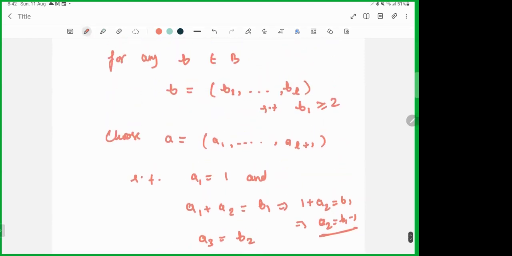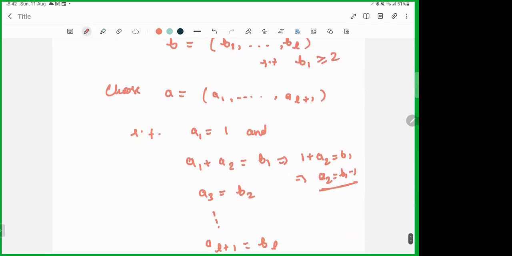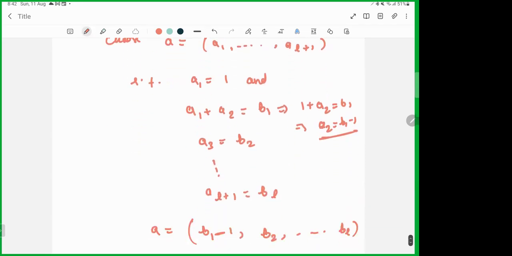Okay, I think there is no problem. Sorry, I should write it this way. You are correct. A is this thing. I should write 1 comma b1 minus 1. Now this is an integer composition of n. Yes, you are correct.